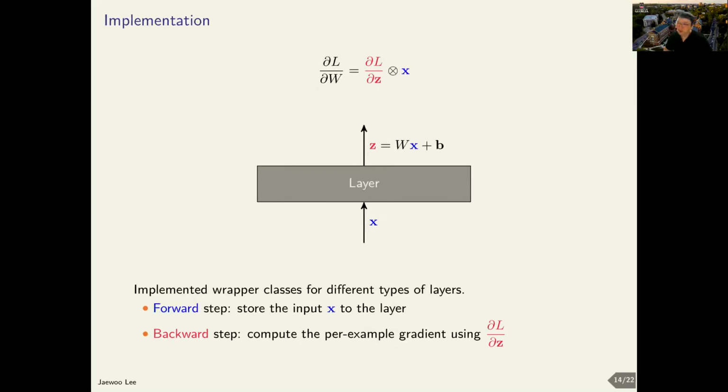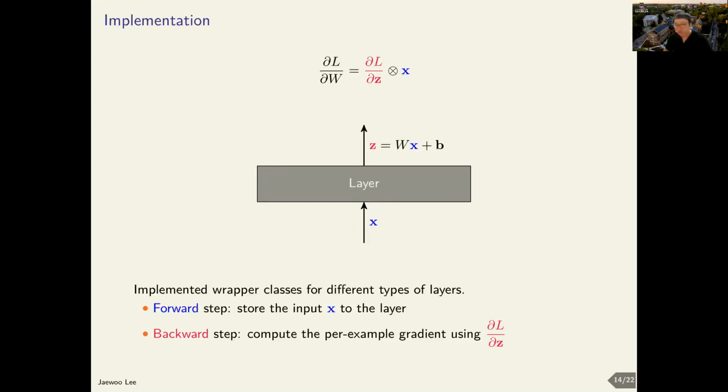Okay, how can we implement this? Our observation is this. In order to calculate the per example gradient, all we need is the gradient with respect to pre-activation and the input to the layer. To implement this, we create wrapper classes for different types of layers.